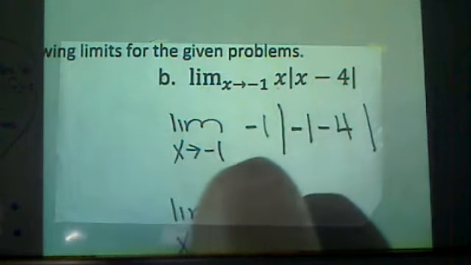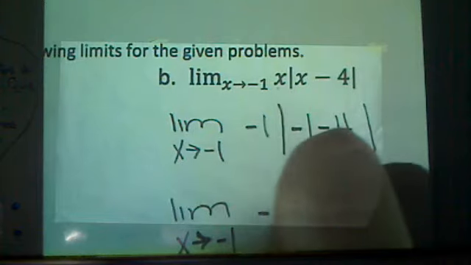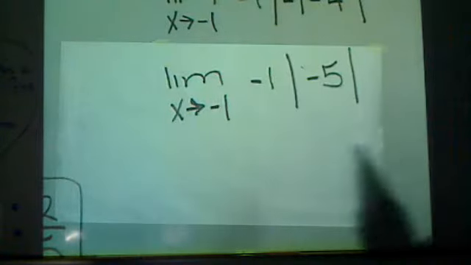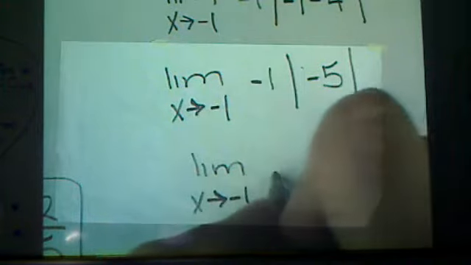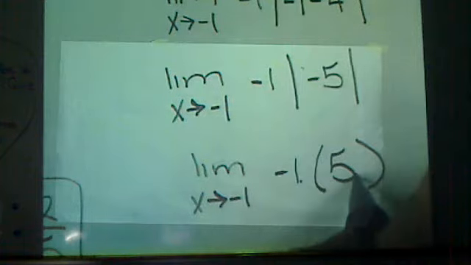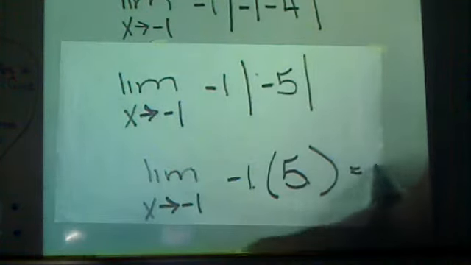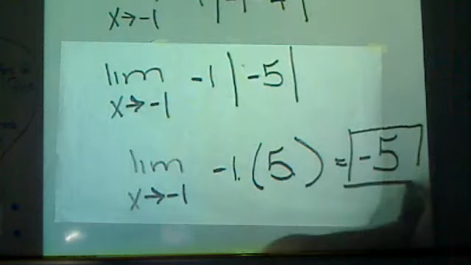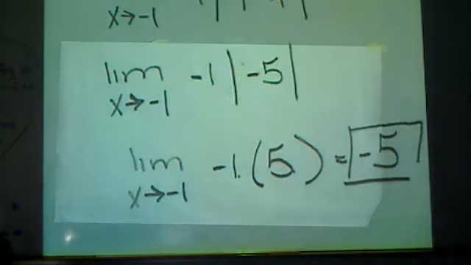Evaluate this and you get negative 1 times the absolute value of negative 5. Remember that absolute values change everything from negative to positive. So we have negative 1 times a positive 5, and negative 1 times 5 is, of course, negative 5. So our limit as x approaches negative 1 for this particular problem is negative 5.